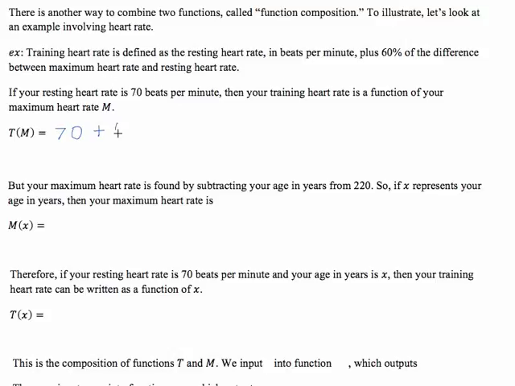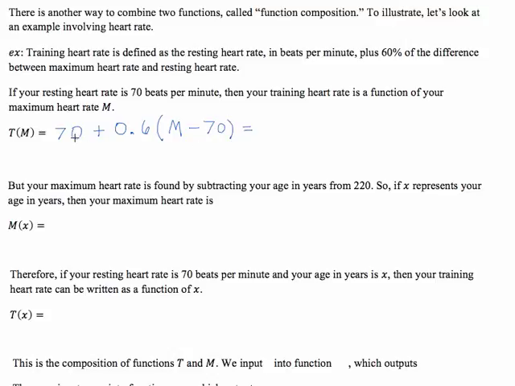To do 60% of something, you multiply 0.6 times the difference between the maximum heart rate and your resting heart rate. That difference is your maximum heart rate, M, which we don't know so we're calling it M, minus your resting heart rate, 70.